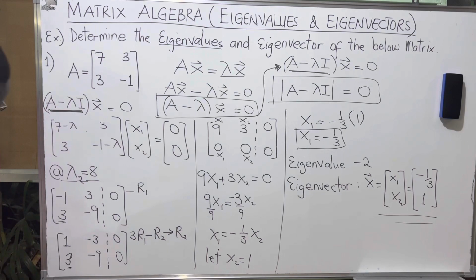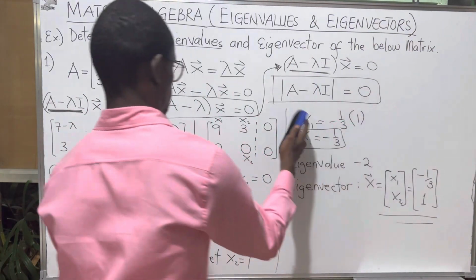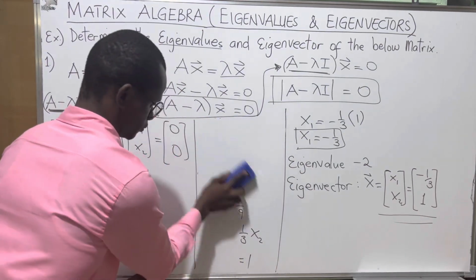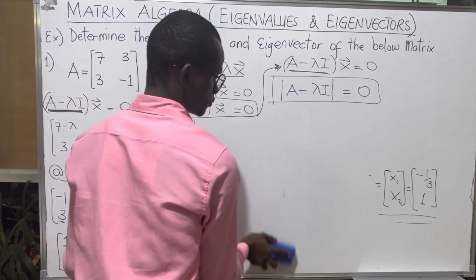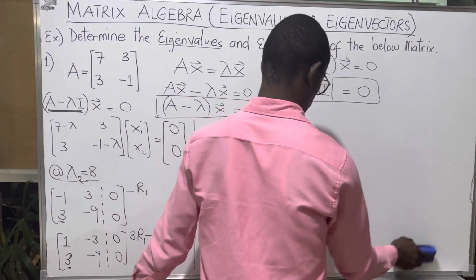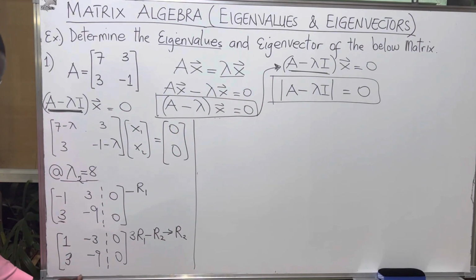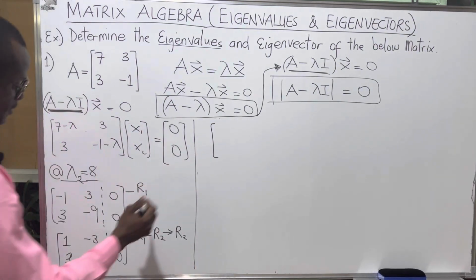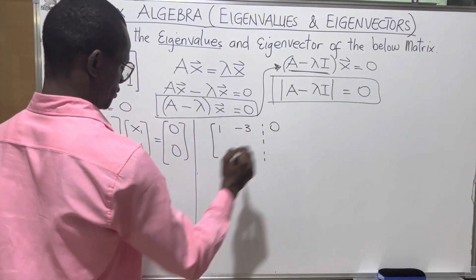So this will now produce the first row remains the same. You have 1, minus 3, 0.